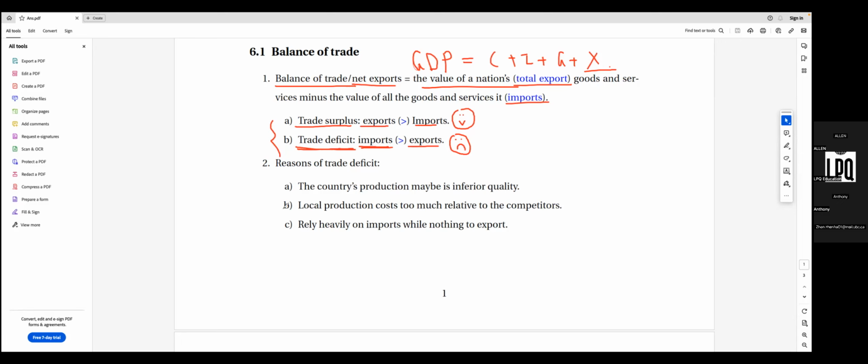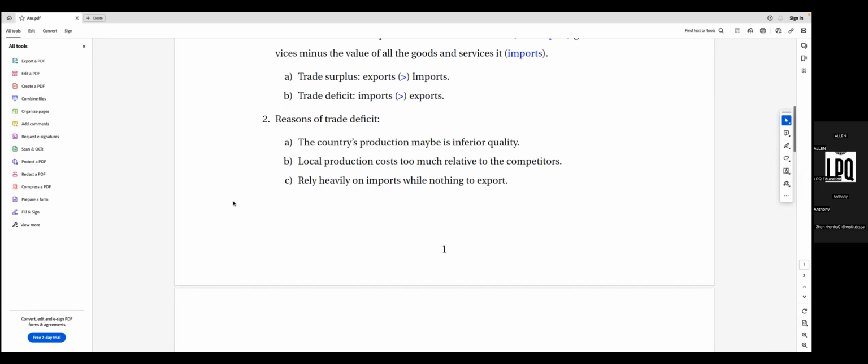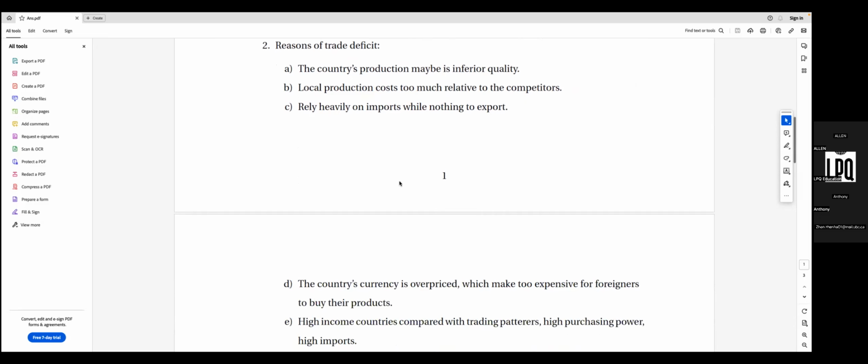So what are some common reasons why countries, including wealthy and developing ones, turn out to have a trade deficit?